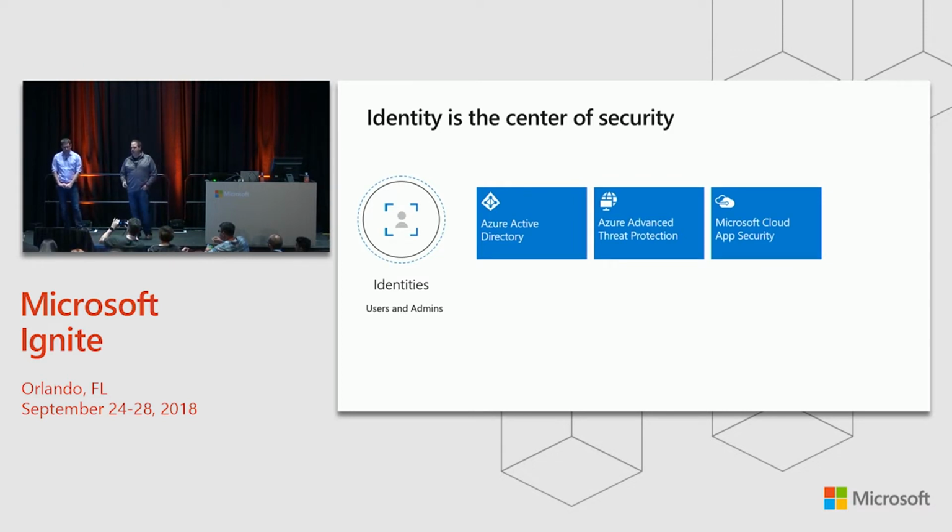And so we have a set of products that offer protection in the identity space. Azure Active Directory has a number of features for protection and security. Specifically, we're going to talk about Identity Protection. And then there's Azure Advanced Threat Protection, Azure ATP is the acronym or common name. And then Microsoft Cloud App Security, or MCAS, what you'll hear.